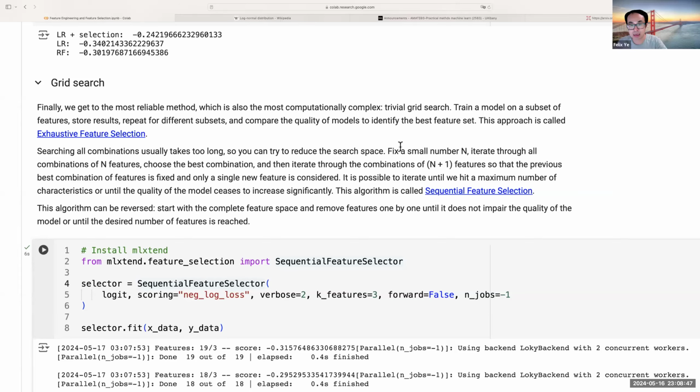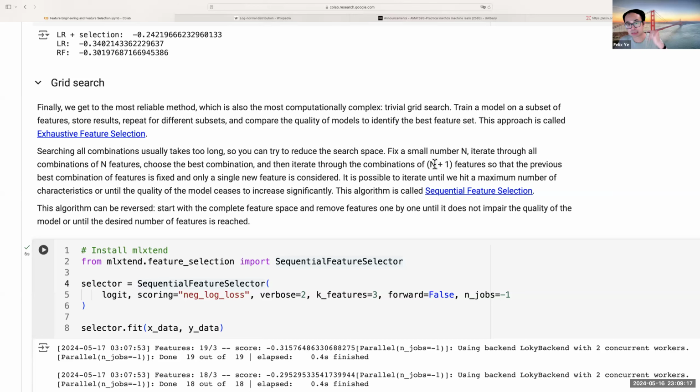What we do is we fix a small number n, then we iterate over all possible combinations of n features, and we choose the best combination. Then we iterate through the combinations for n plus one. So we are adding one feature at a time.